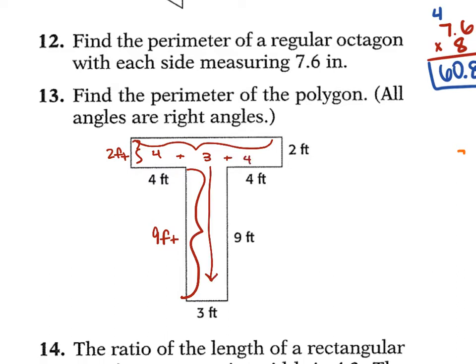So that gives us 11 feet. To add all of these, we're going to do 11 plus 2 plus 4 plus 9 plus 3 plus 9 plus 4 plus 2. We add all of this up and we get 44 feet.